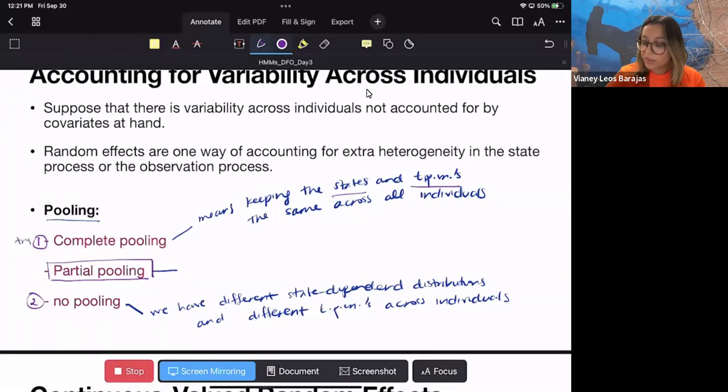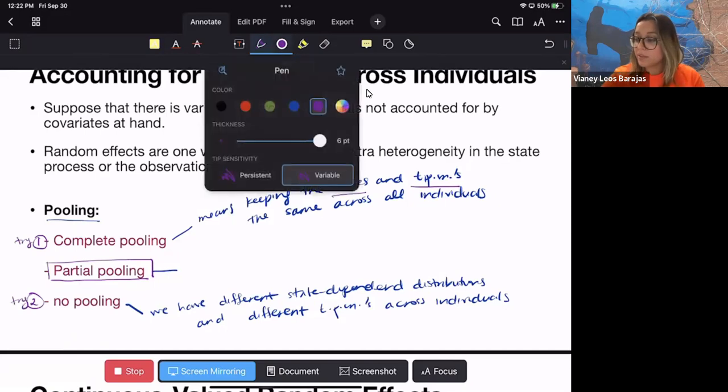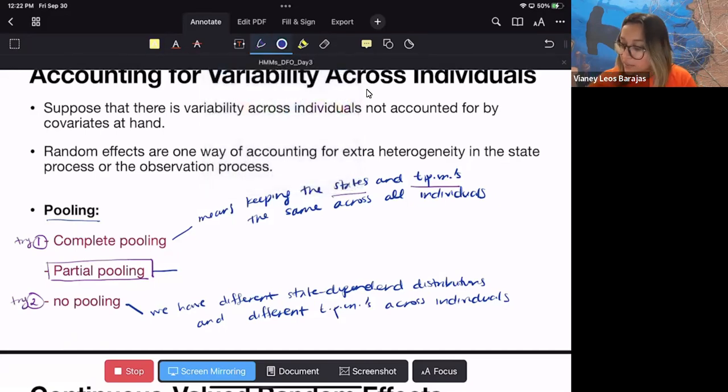So we try this and we try that. The best and the easiest would be this, the complete pooling. This is the preferred. And the second preferred.